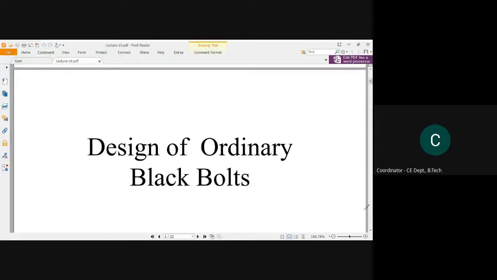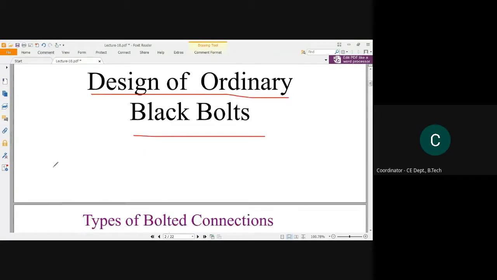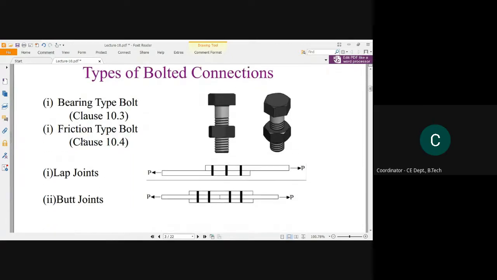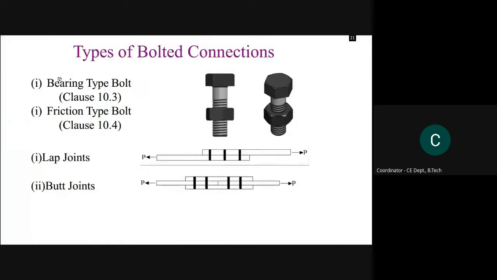So let us start understanding the design of ordinary black bolts. Most of the cases, we will learn about ordinary black bolts. The types of bolted connection: first is the bearing type bolt, which is given in clause 10.3 in IS 800 2007.